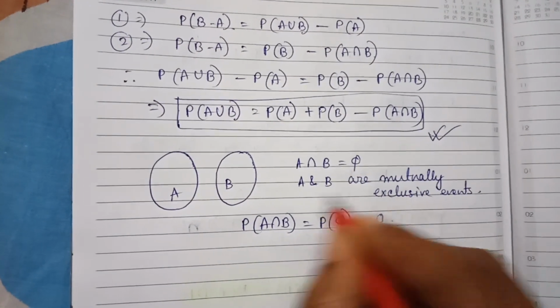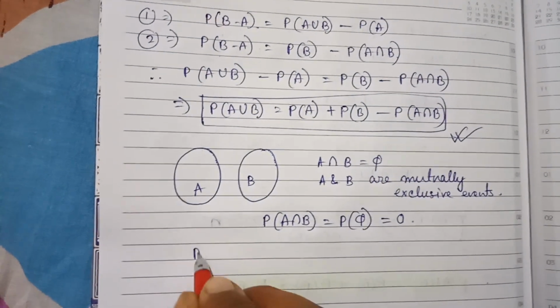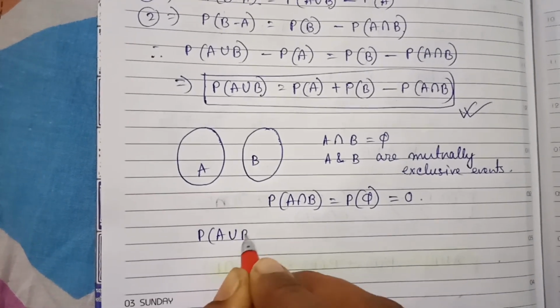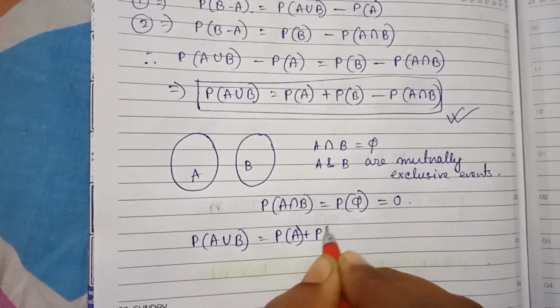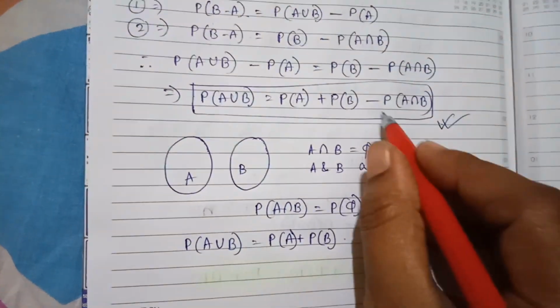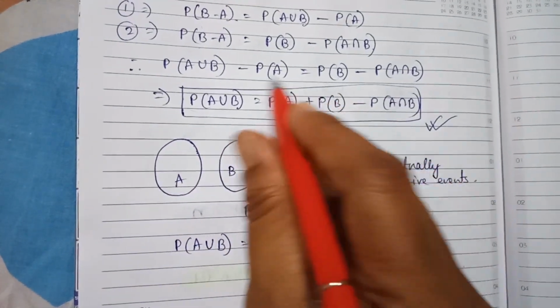So in this case, this relation will be P of A union B equals to P of A plus P of B, because this part is 0. That means the rest of the part will be like this.